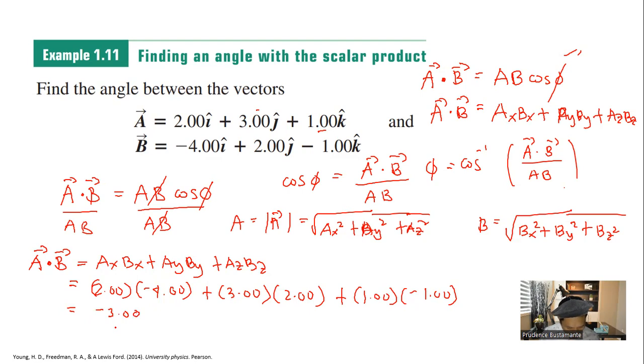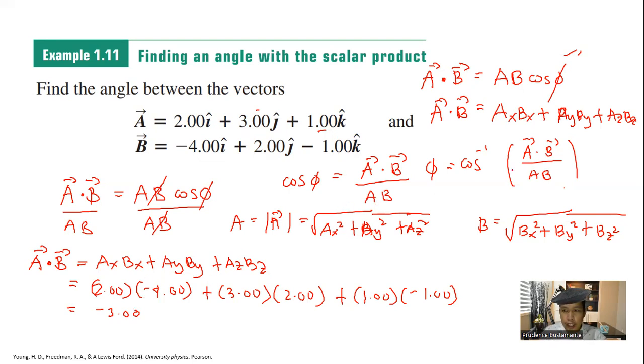Let's recheck using our calculator so that we will not make a mistake. 2 times -4, plus 3 times 2, plus 1 times -1. So we have -3. Okay, so we're sure of that.